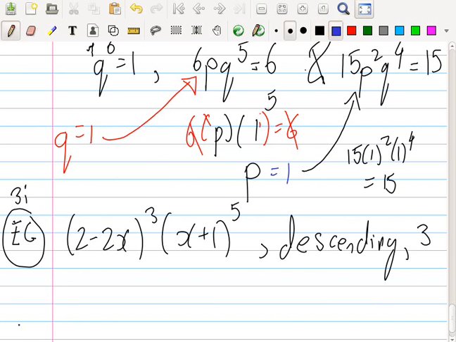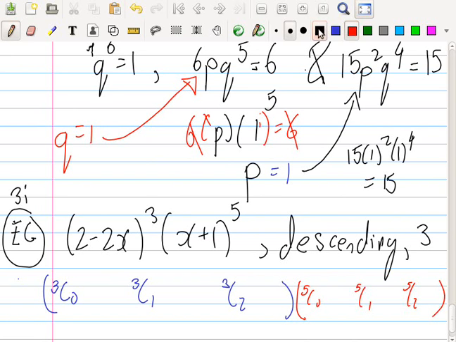Okay, so the first one, I'll do it in blue here. It's 3C0, and then here is 3C1, 3C2. I shouldn't write so big, that's the problem. 3C0, 3C1, 3C2, and then the next one is 5C0, 5C1, 5C2.